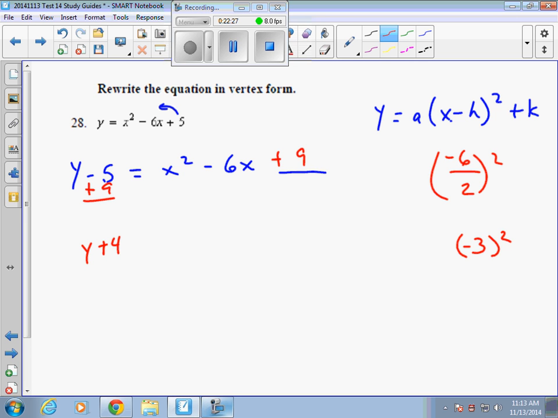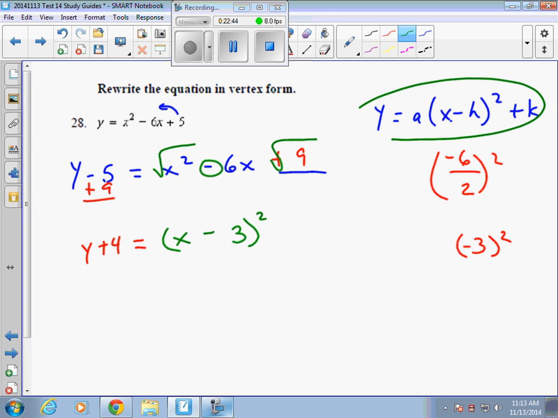Y plus 4 equals, undo x squared by taking the square root of it, undo positive 9 by taking the square root of it. This is the sign that goes in the middle. That binomial squared, x minus 3, is equal to that perfect trinomial. Last thing you got to do to make vertex form is get rid of that positive 4 by subtracting it.